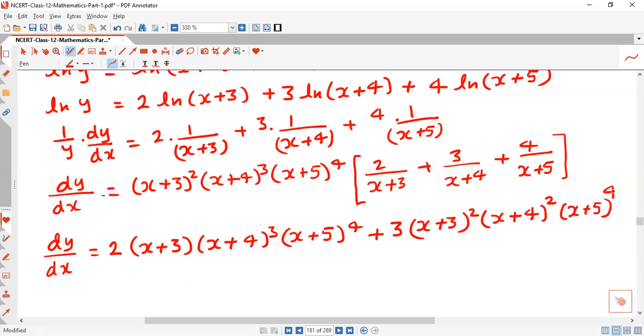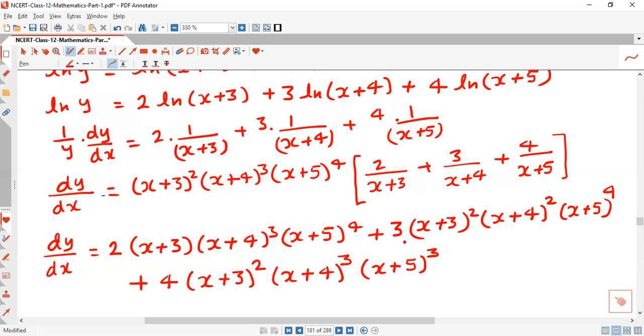Now the third term will be plus 4 times, because this is x plus 5, so one x plus 5 cancels out: x plus 3 squared, x plus 4 cubed, and x plus 5 power 4 reduced by one, that is cubed. So this is the answer, because we don't want to write the denominators. If we are able to simplify it, we will try to simplify it.